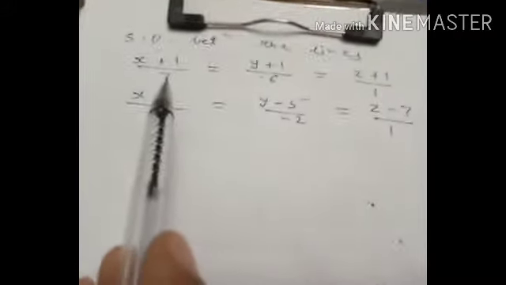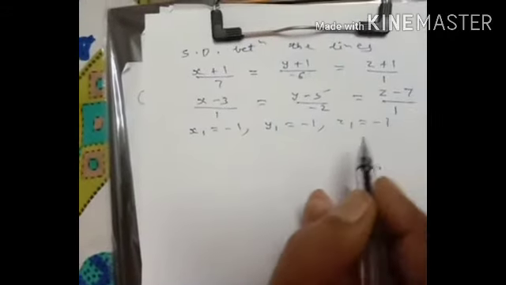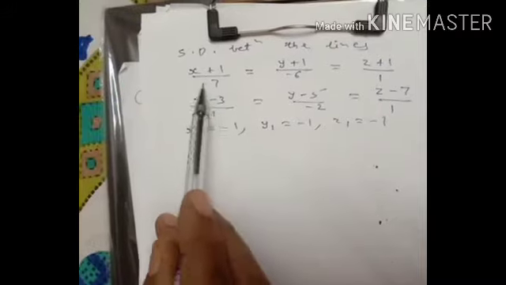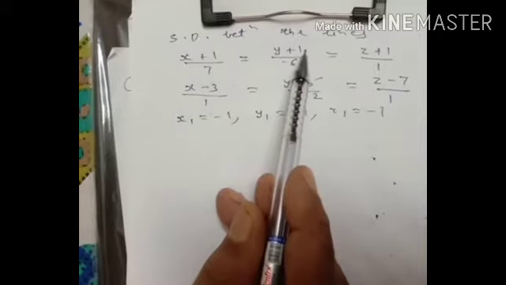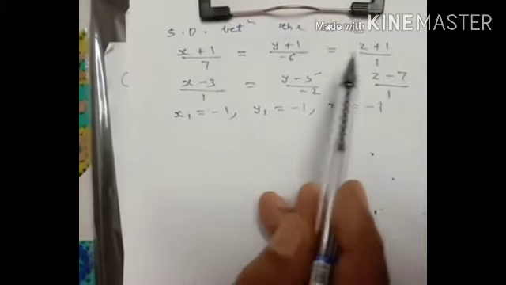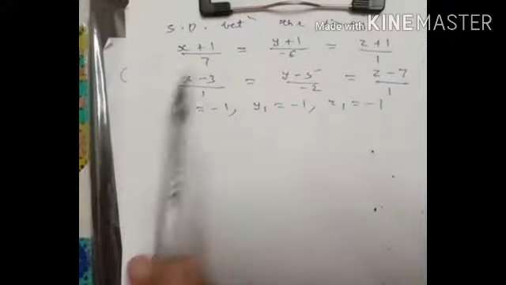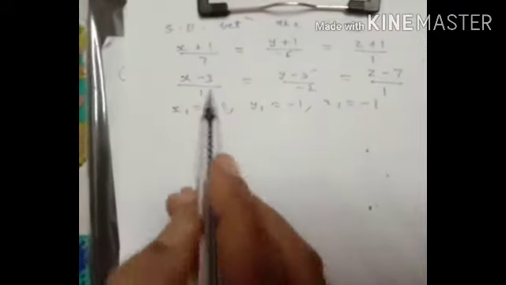In the equation of a line, the numbers in the numerator are the coordinates of one point on the line. So from the first line we get x1 = -1, y1 = -1, z1 = -1, because the equation of a line is (x - x1)/a1 = (y - y1)/b1 = (z - z1)/c1. The numbers in the denominator are the direction ratios.